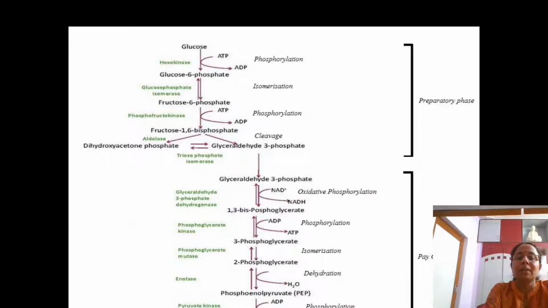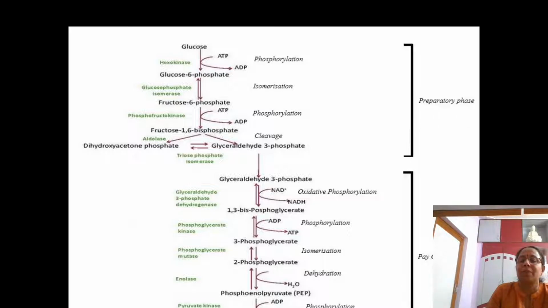If you understand this slide, then the entire glycolysis is understood. As I told in the earlier slides, glycolysis is the splitting up of a sugar which converts glucose into 2 molecules of pyruvate, which involves 2 phases. Which are those 2 phases?